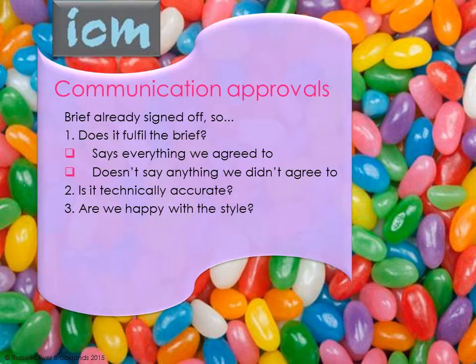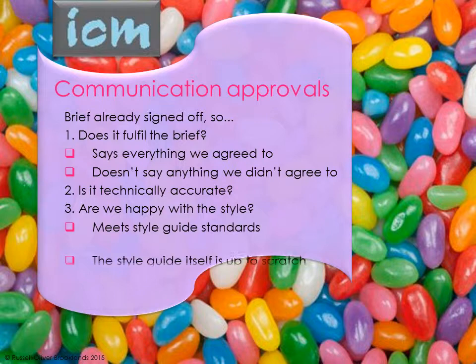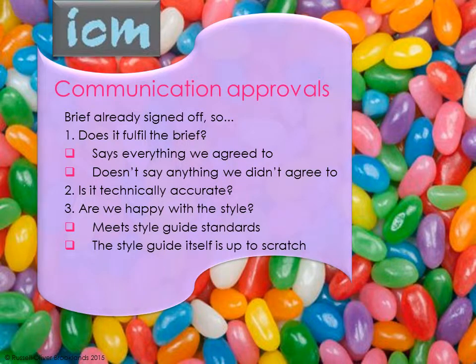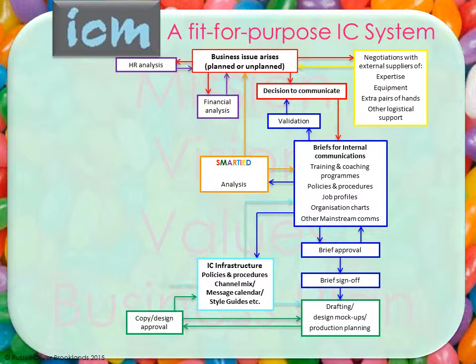Now, if you've got a style guide, it should usually just be a case of whether or not it meets those standards. Importantly, though, it may be that someone notices a hole in the style guide which provides an opportunity to improve the standards that are already there. So a fit-for-purpose approvals process should not only be efficient and painless, it should also enable you to refine your style guides and help ensure they too are as fit for purpose as possible.